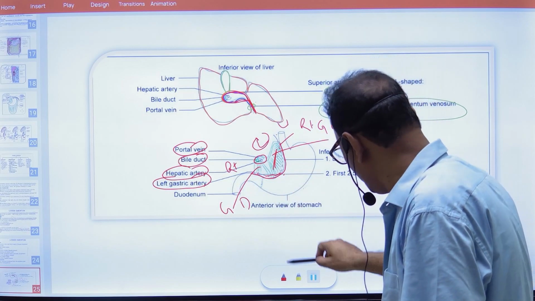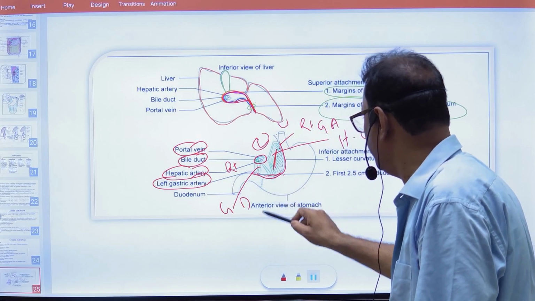Hepatogastric ligament and hepatoduodenal ligament.